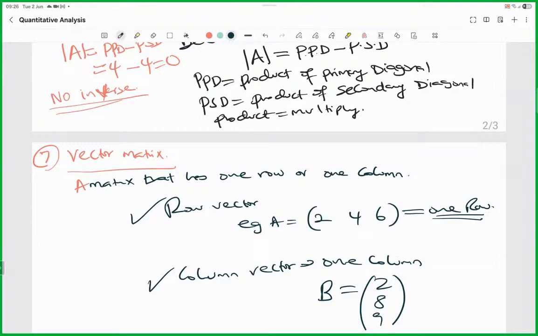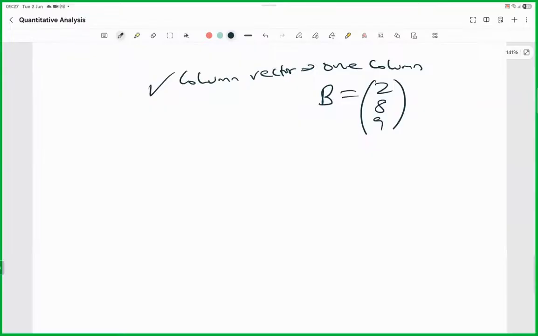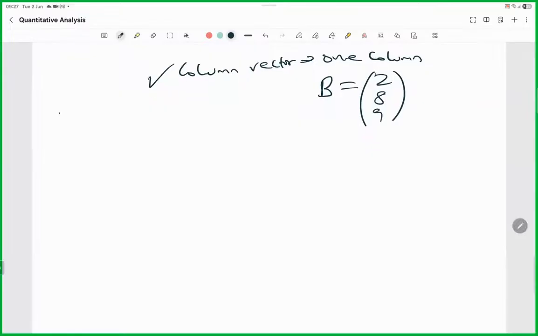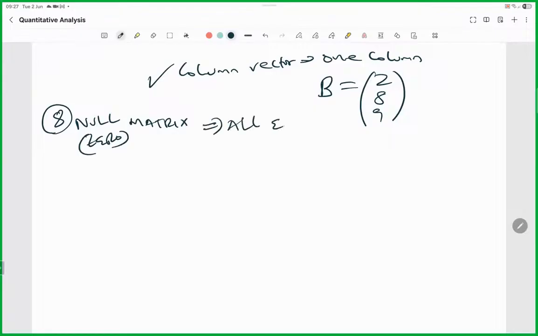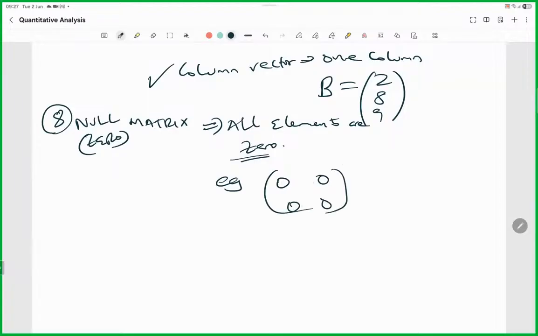If you remember, for example, at times I've seen this from your past papers, you'll get your examiner telling you something to do with a null matrix. A null matrix. Null is 0. All elements are 0. So e.g., if you have 0, 0, 0, 0, these are null matrices.